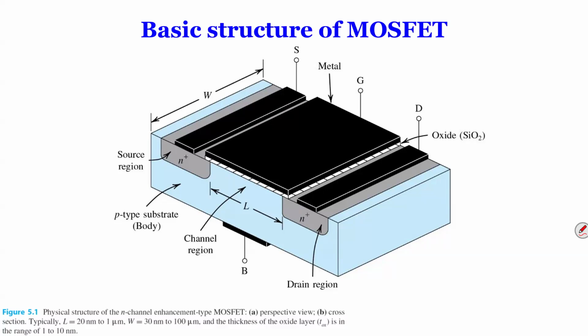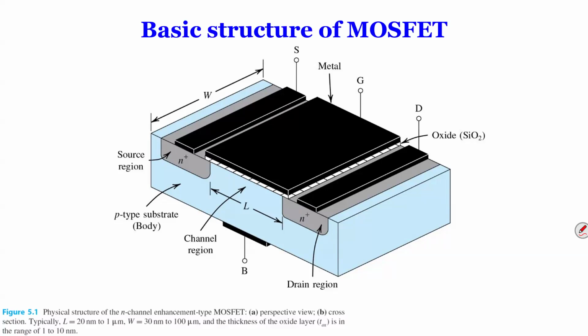What we're doing is we first build a substrate. This substrate is also a semiconductor device. It's a P-type. You guys know by this time what P-type means. P means it has a lot of positive ions and free holes inside the semiconductor material.